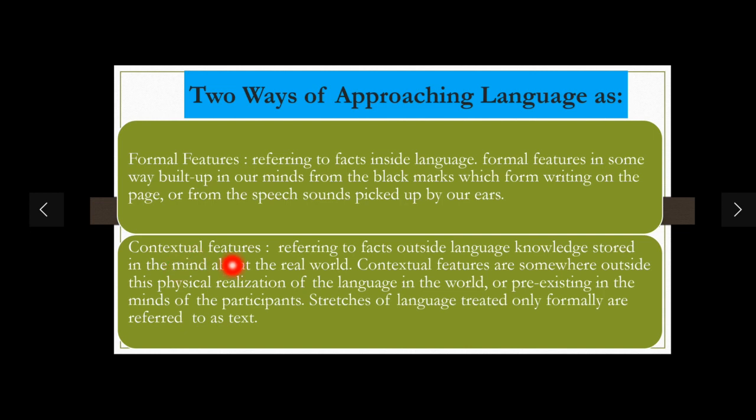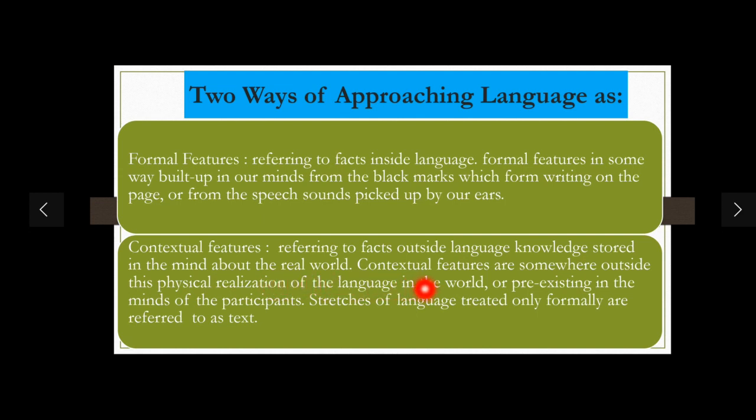So, contextual features refer to facts outside language. Quite opposite of this one. Now, formal features are inside language. And contextual features are facts outside language, knowledge stored in the mind about the real world.